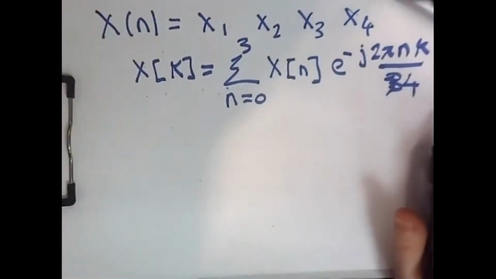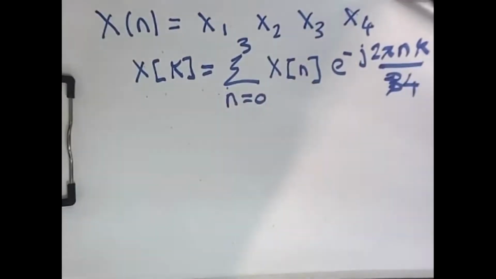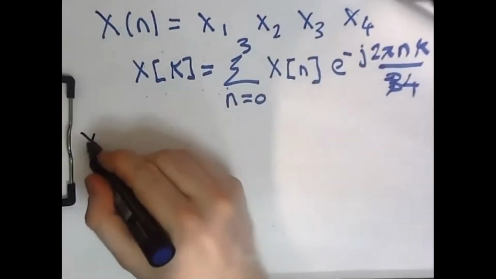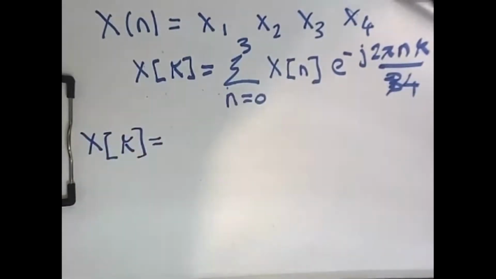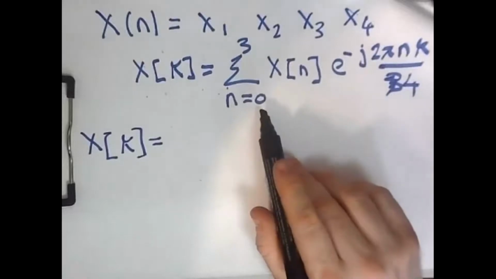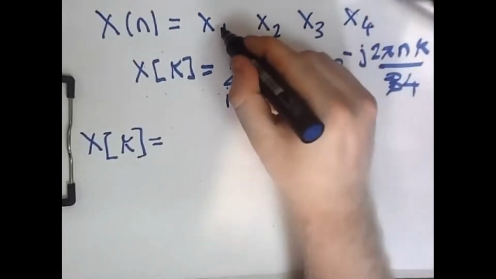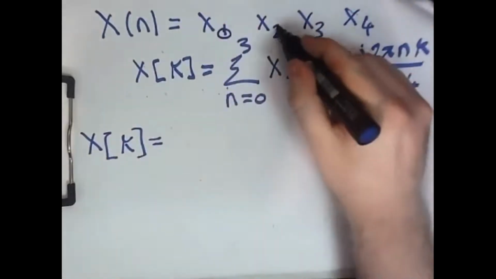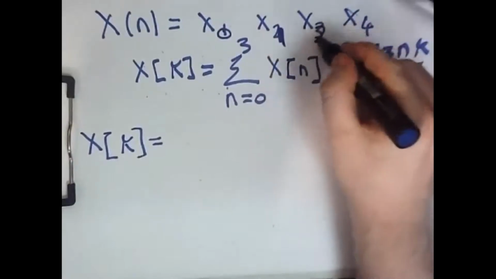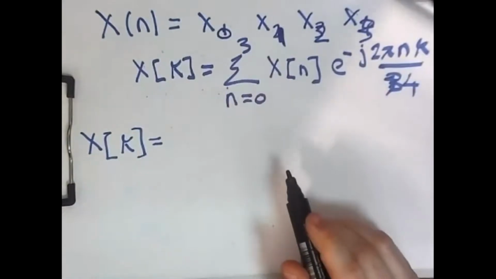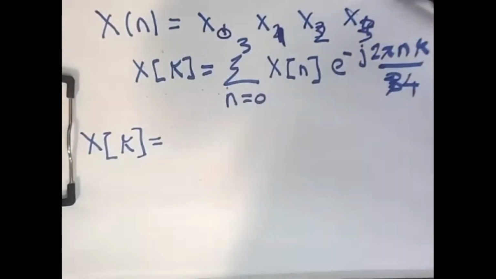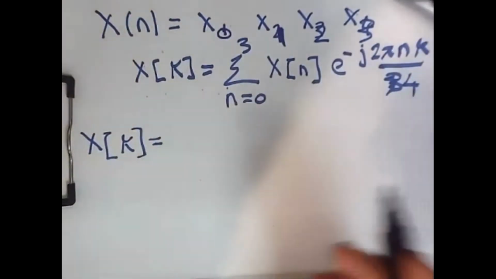Okay, so let's first start to expand this summation. For n equals 0, 1, 2, and 3, just to be consistent with the numbering over the summation. Of course these are just dummy samples, so you can call them whatever you want.